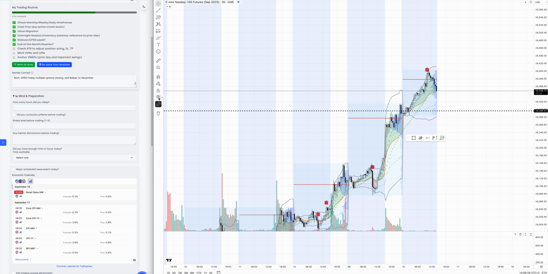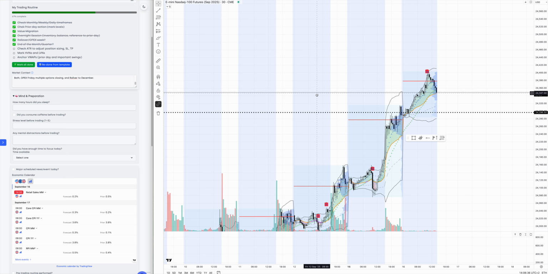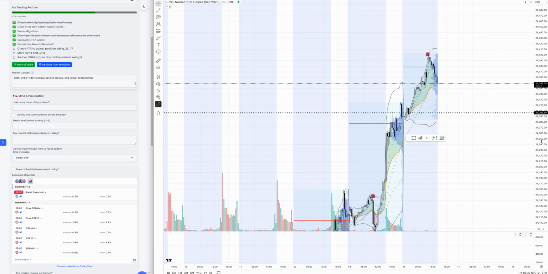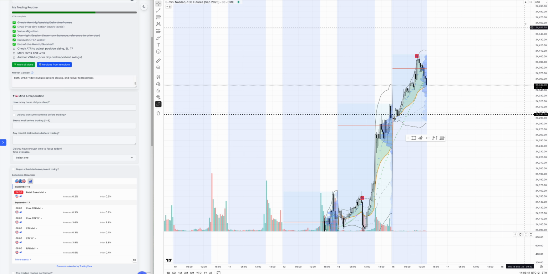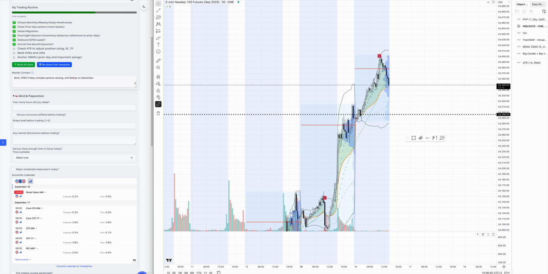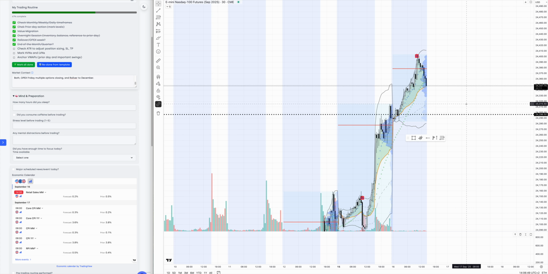okay, not sure why. Drawings. Okay, this says, okay, this is interesting. I think I mixed it up here.